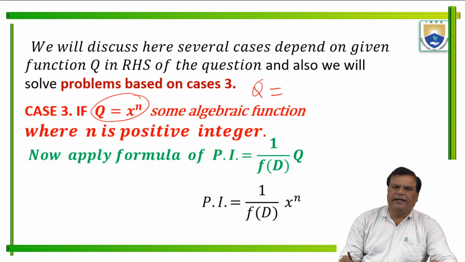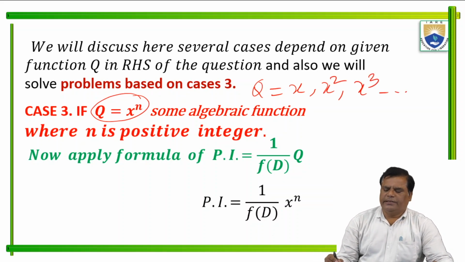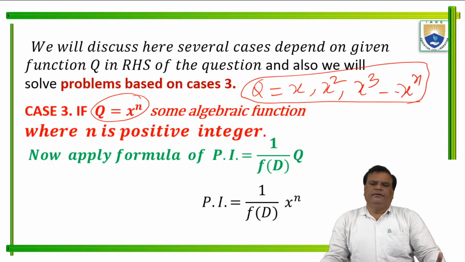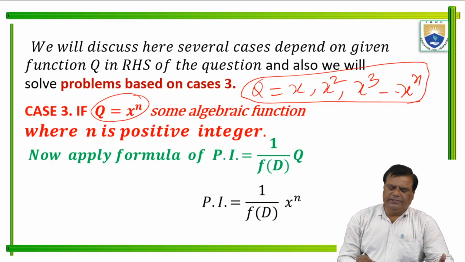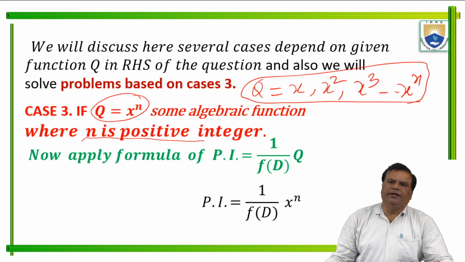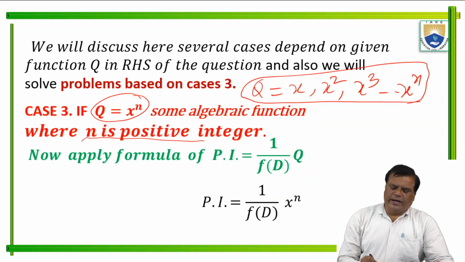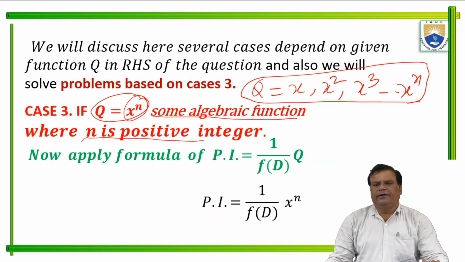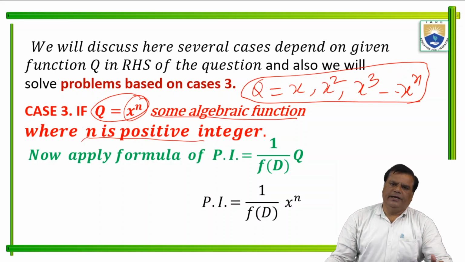Q is x to the power n means x, x square, x cube and so on, x to the power n, where n is a positive integer. Q equal to x to the power n is an algebraic function. So here we want to discuss how we can find the particular integral when Q is x to the power n.